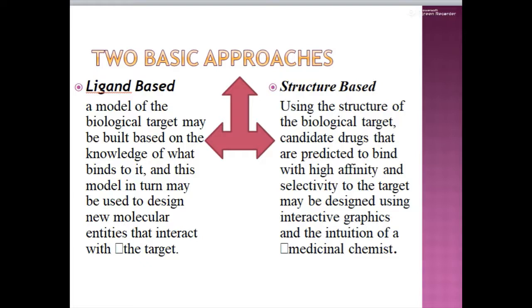In a ligand based method, a model of the biological target is built based upon the knowledge of what binds to it, and this model is in turn used to design new molecular entities which will interact with the target. So in the ligand based method, you will make a computer model of the biological target as well as the molecules, and then you will look at whether it is interacting.